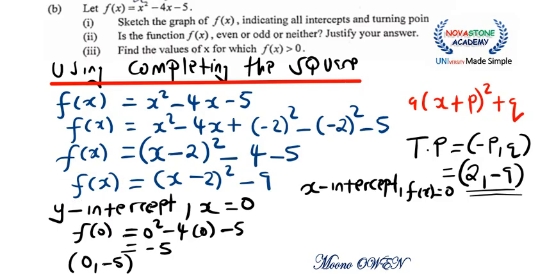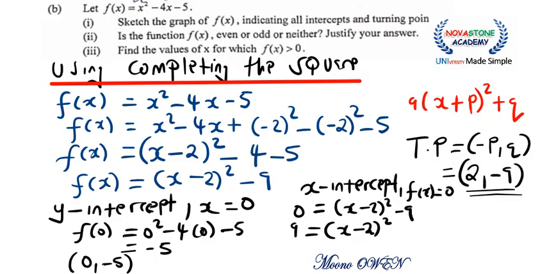So 0 will be equal to (x minus 2) squared minus 9. Now what I'm going to do is put the like terms together. The negative 9, I'm going to take it to the other side where 0 is, and when I do that, I'm going to have 9 is equal to (x minus 2) squared.